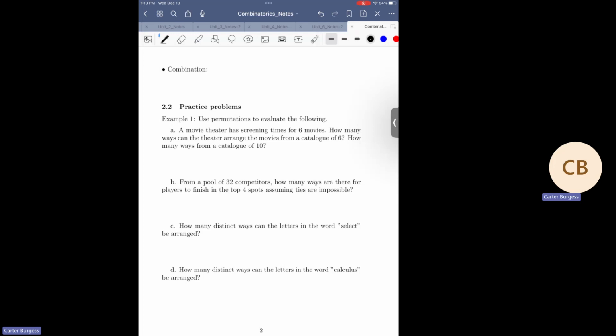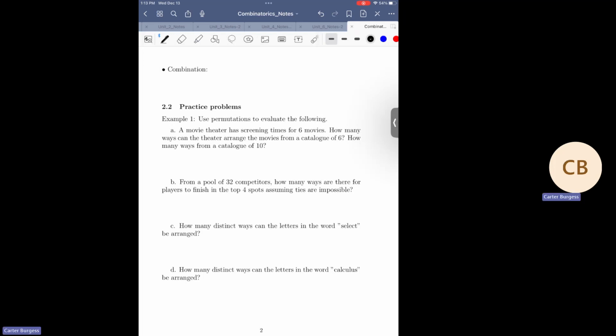They have screening times for 6 movies. We're going to start with figuring out the number of ways that we can arrange those screening times from a catalog of 6 movies. So 6 screening times that match the number of movies that we have.